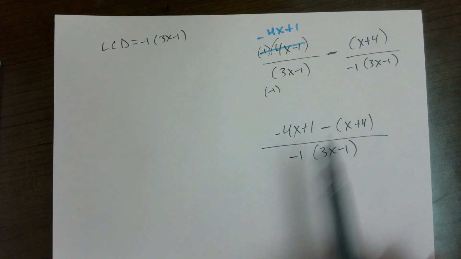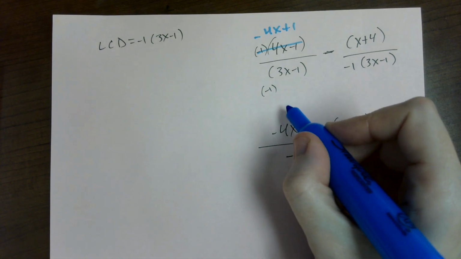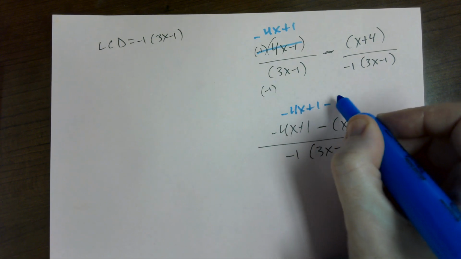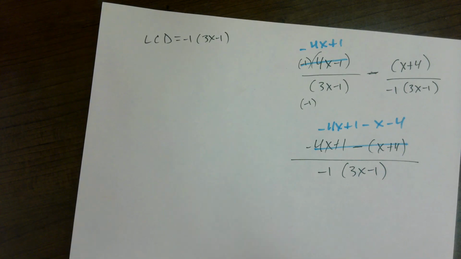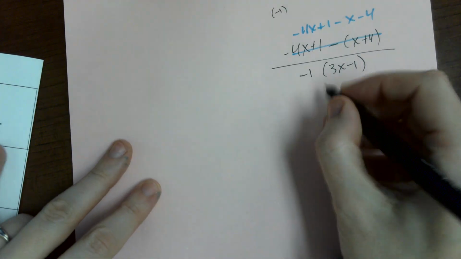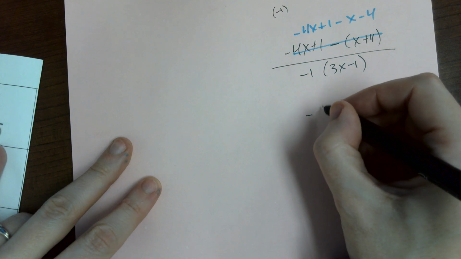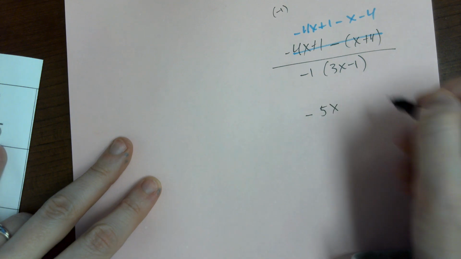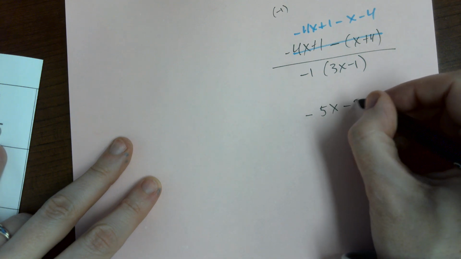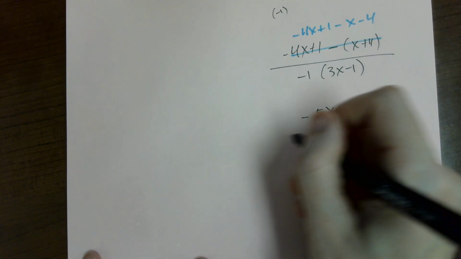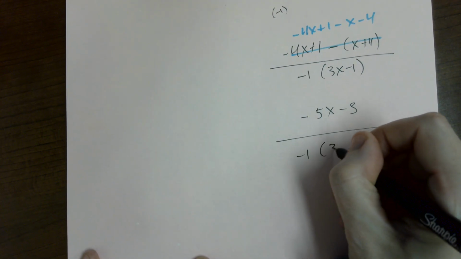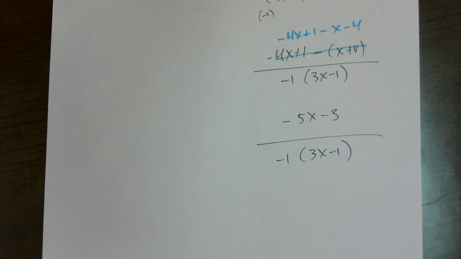So I can distribute that. And we get negative 5x minus 3, I hope. Yeah, okay. Negative 5x minus 3 over negative 1, 3x minus 1.